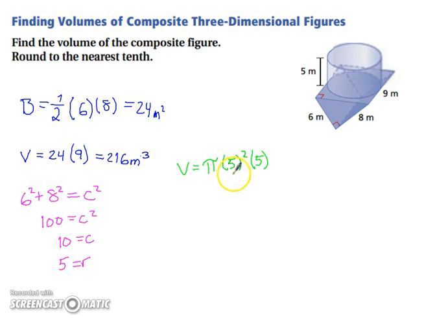So we have 5 squared, which is 25, times 5, which gives us 125 pi. So now our total volume is going to be 216 plus 125 pi, which is about 608.7 meters cubed.